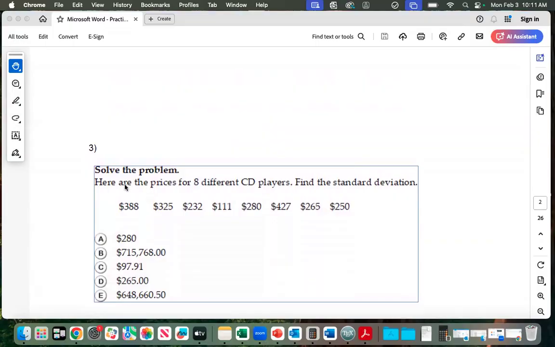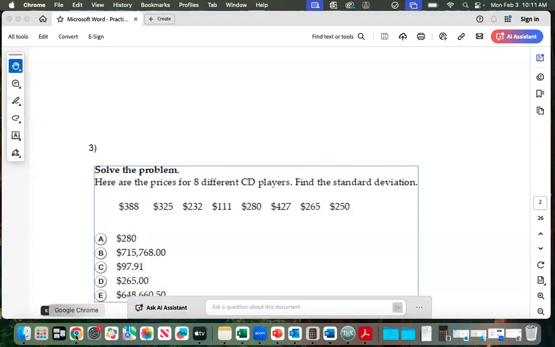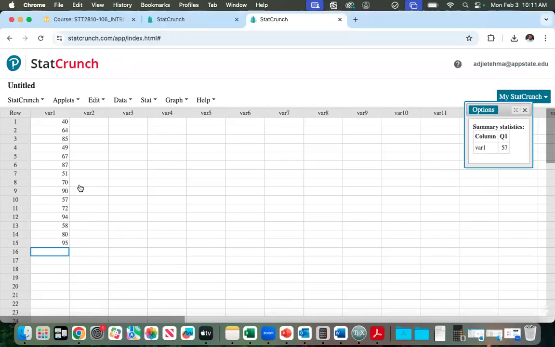And then we also have these prices here for different CD players. We want to find the standard deviation. So same thing. Let's get to StatCrunch and put in those numbers.